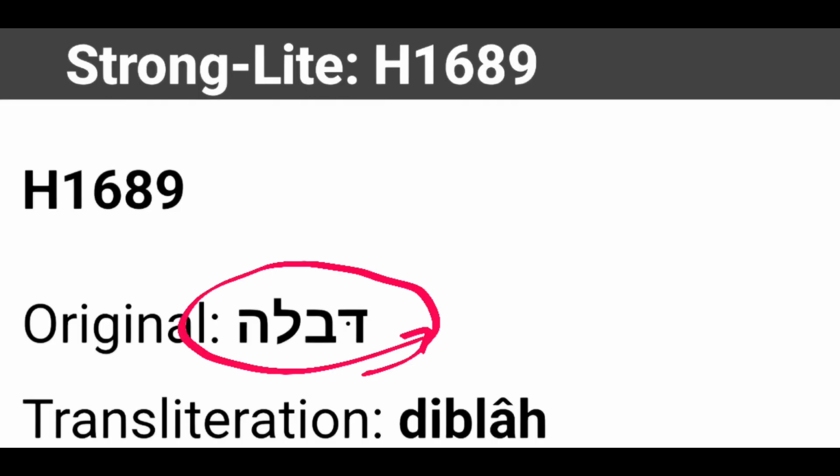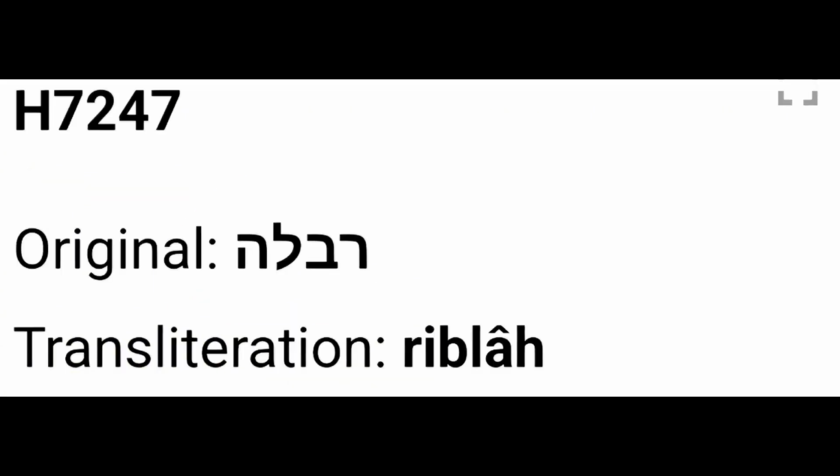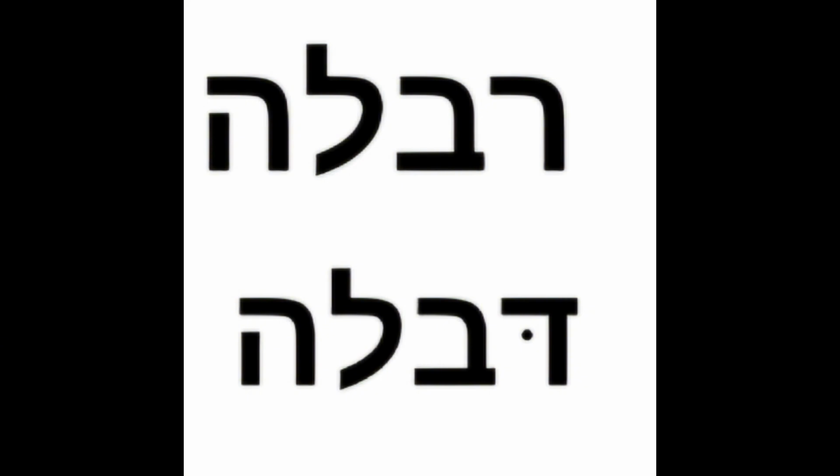Here's Diblah, Dalet, Bet, Lamed, Hey, and here's Riblah, Resh, Bet, Lamed, Hey. And when we compare them top to bottom or side by side, we can see the differences are more precise.